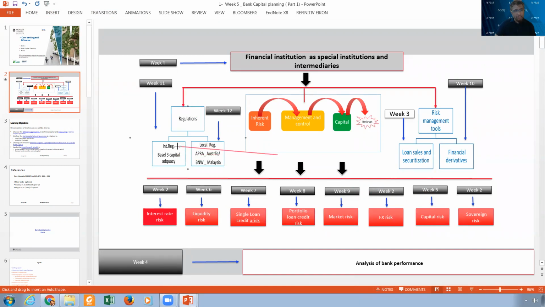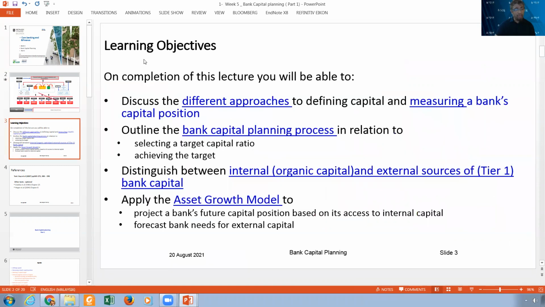This is the regulator perspective, which we will take in week 11. It's a long walk, a big walk. And this is what we are talking about, the target capital and all these issues. So just to show you where we are and how it fits in our learning objectives. Now, let's talk about the learning objectives here.